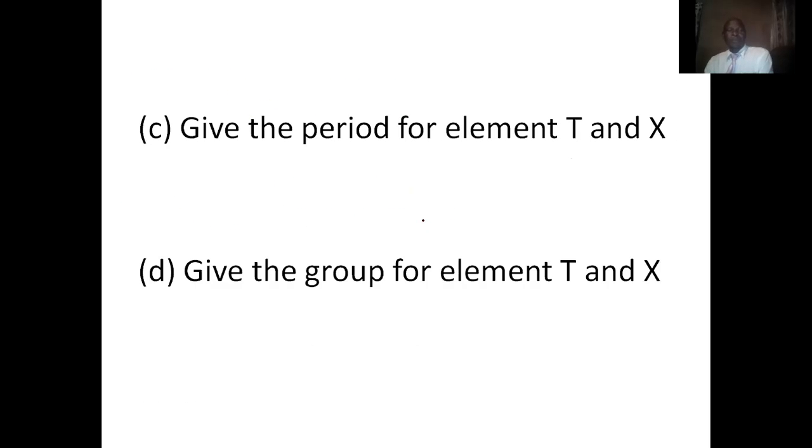So we go to part C, give the period of the elements T and X. For you to be able to give the period of the elements T and X, the easiest is to write the electron configuration.